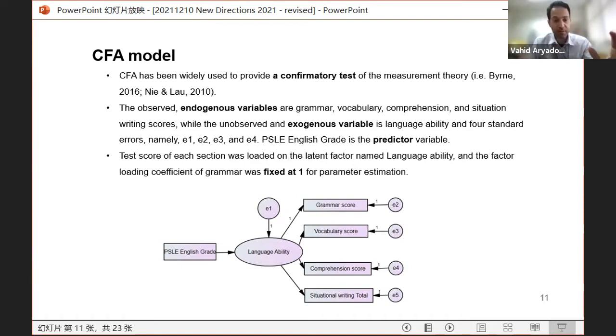That's why we have a rectangle indicated as PSLE English grades. That's their primary school record, which is predicting language ability in secondary school. So we want to test whether this path model will be valid or not. And that's what Shulin is going to present later. She has done the analysis, and there are a lot of interesting results there.